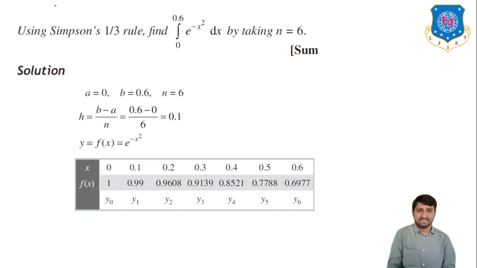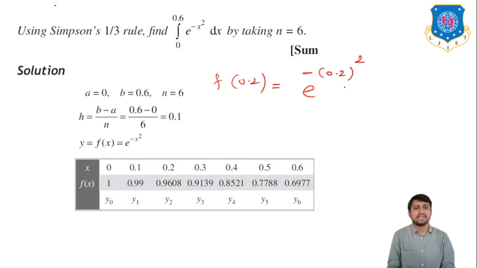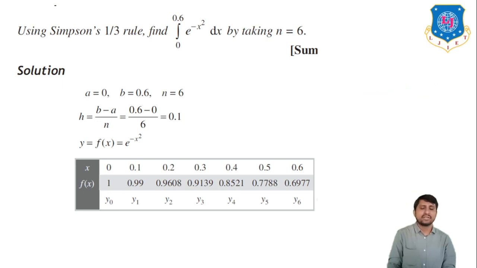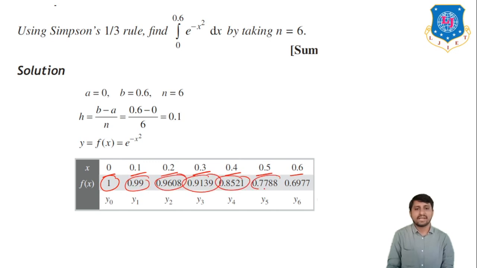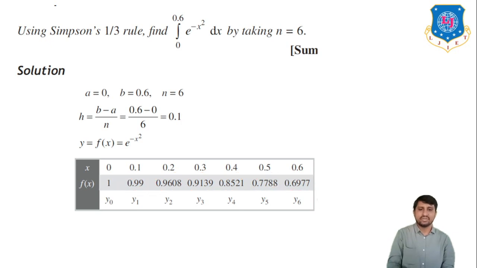For f of 0.2, e raised to minus 0.2 whole square, you will get 0.9608. Similarly you can find 0.3, 0.4, 0.5, 0.6. So these are my values of y0, y1, y2, y3, y4, y5 and y6. All entries you will get easily.